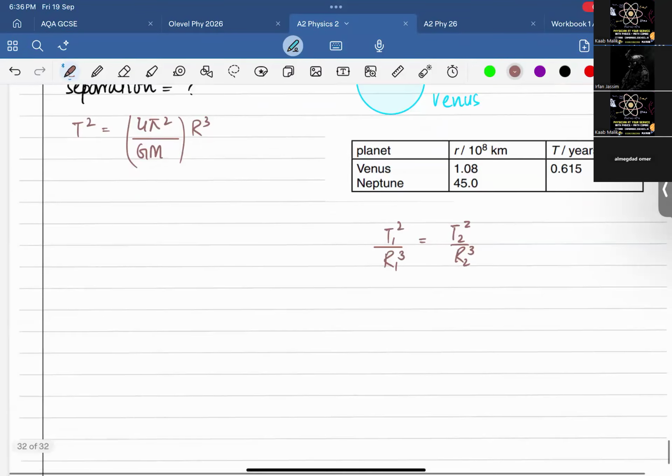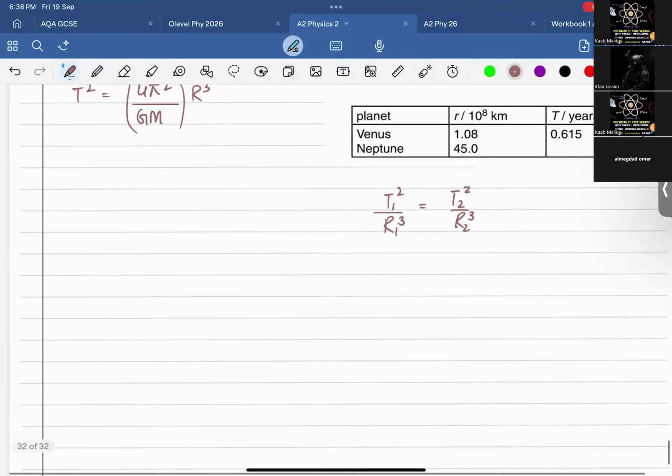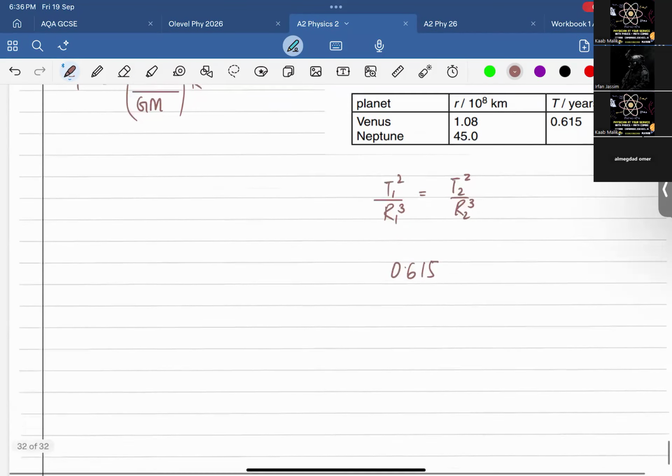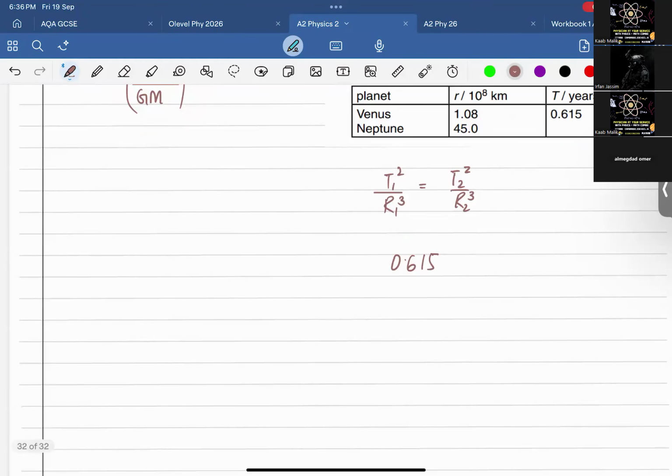So you just need to do this. Let me just solve it for you. For T1, I am considering 0.615 into 24 into 60 into 60, and you have to square it.